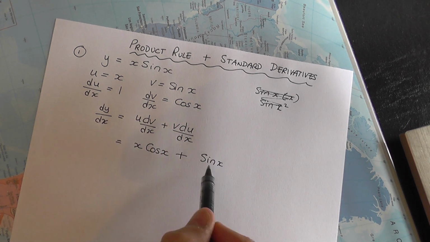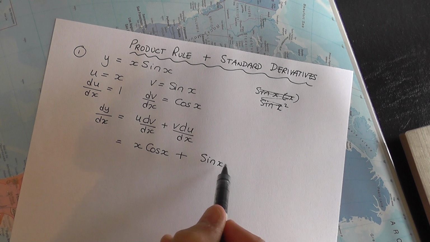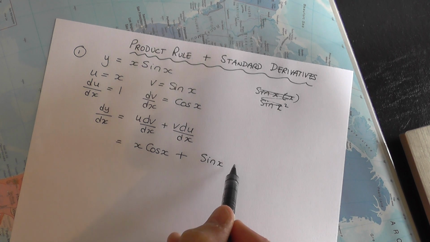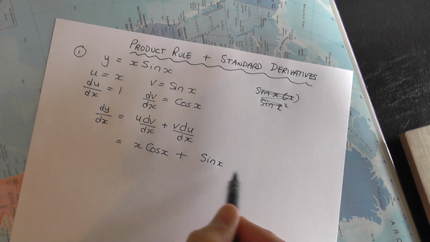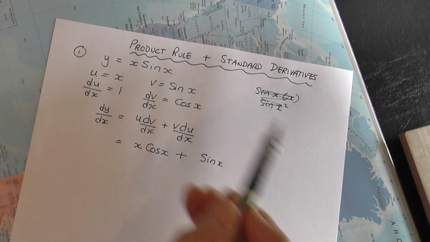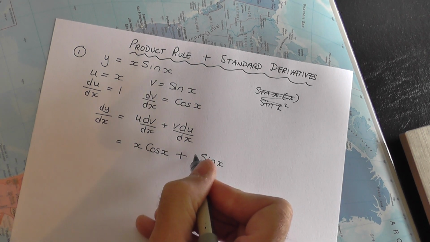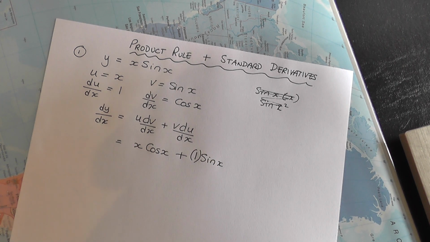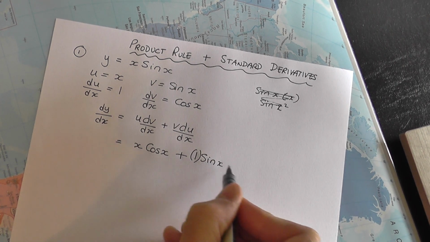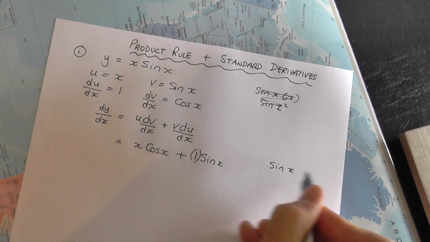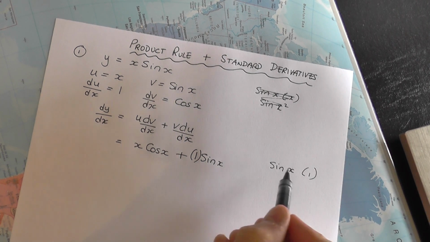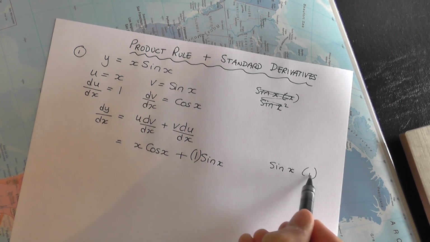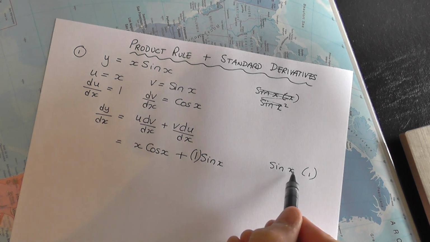Now a little hint: if the sine x comes first, then you need to multiply it by something else like a 1 or possibly an x or an x squared. In this case it's 1. Put the 1 at the front, perhaps in a bracket, like so. So you're not tempted, because if you write it the other way and you times it like that, you might be tempted to multiply those two things together to get the sine of whatever.